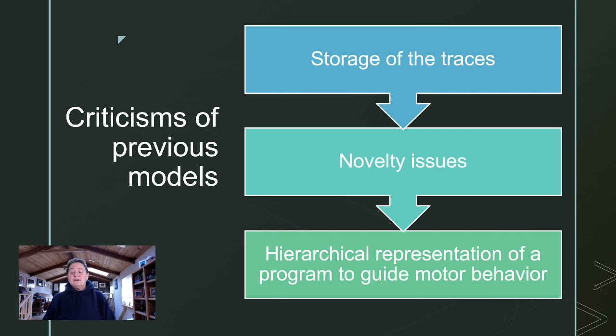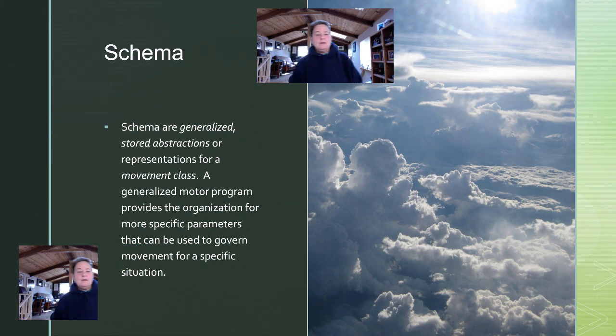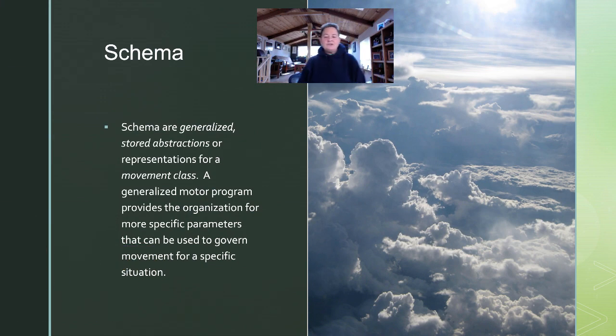Schmidt continues to argue for a program to guide motor behavior that is unlike what we see in dynamic systems models, where this criticism emerges from. So what is Schmidt's schema theory presented in 1975? Basically, Schmidt is proposing the presence of a schema representation.